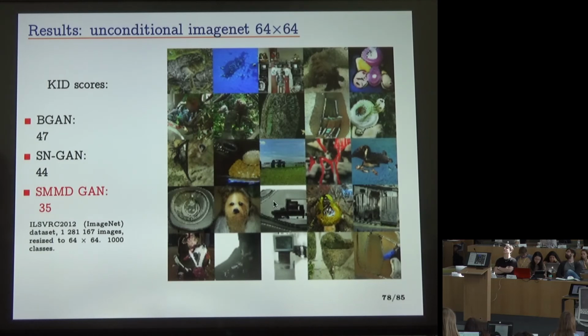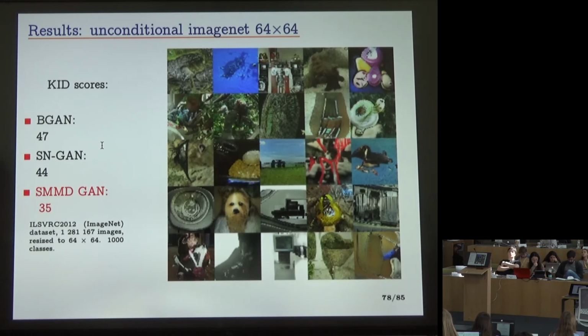What we wanted to do is train a GAN on unconditional ImageNet. So we're not conditioning on a class, we're just saying, draw me a picture of something that appears in the world. In this case, we competed with the two methods that were able to do that, the boundary-seeking GAN and the spectral GAN. At least in FID score, but also in KID score and so on, we were able to do better.